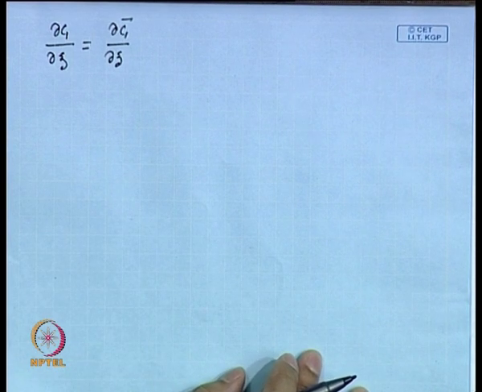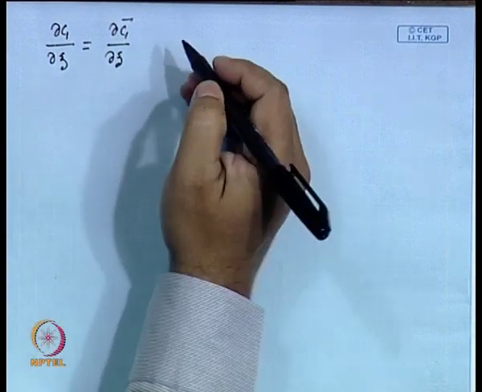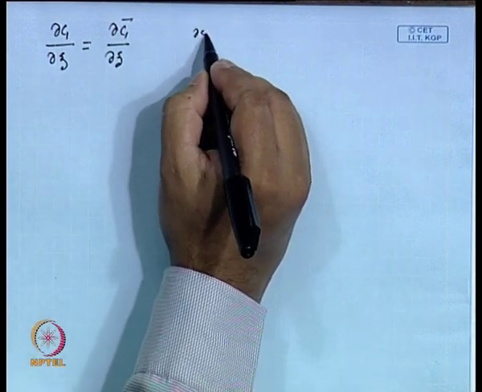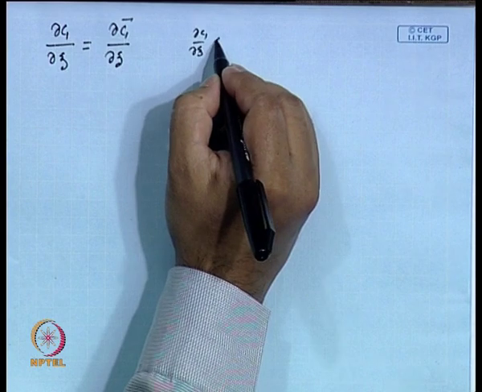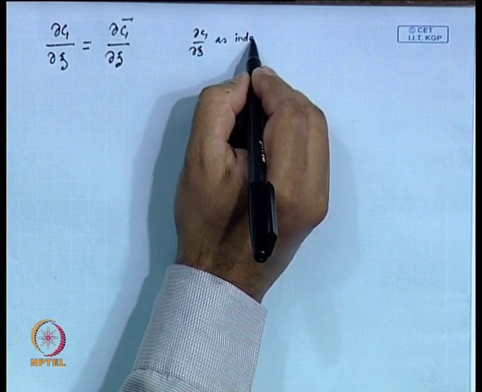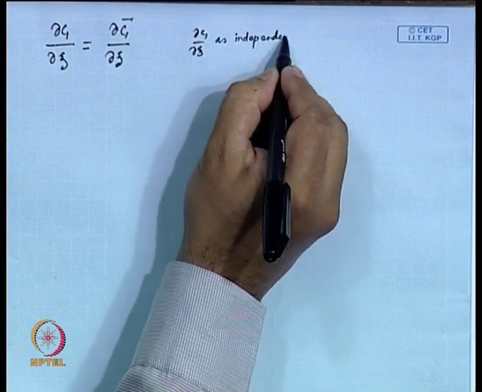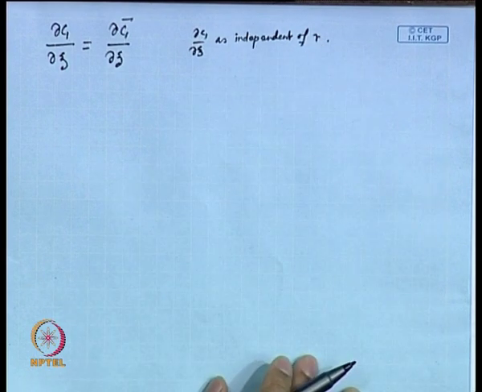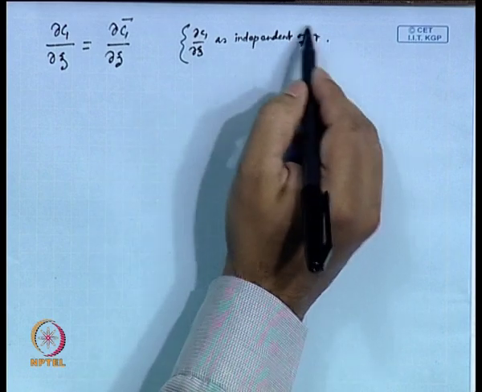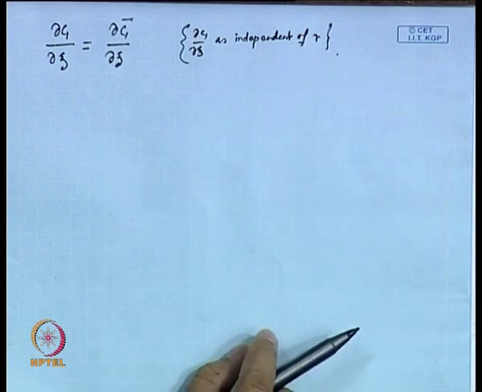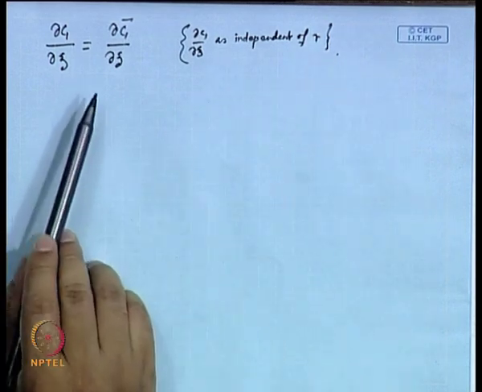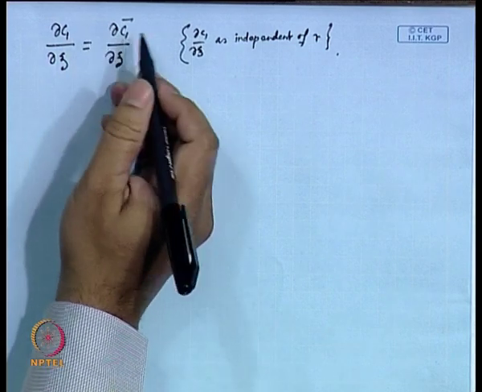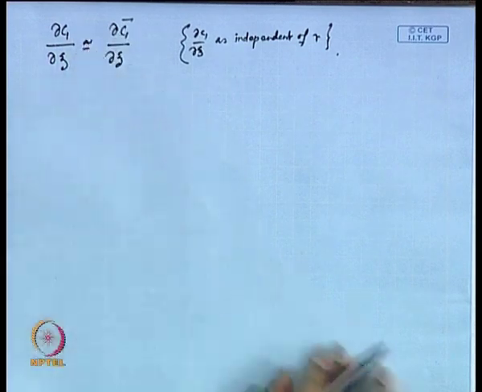This is an assumption you make at this point, because this will help treating del C1 del zeta as independent of r. So, this is the advantage that you want to take, and to take this advantage, what you write here is del C1 del zeta is equal to del C1 bar del zeta. What does this mean?